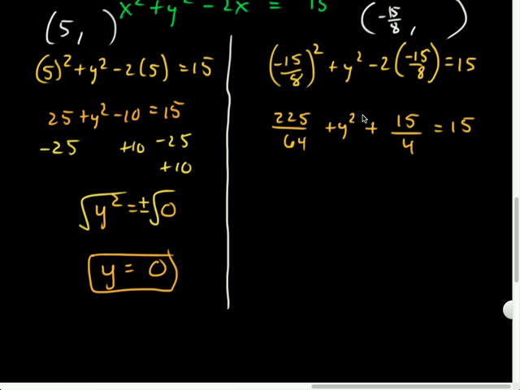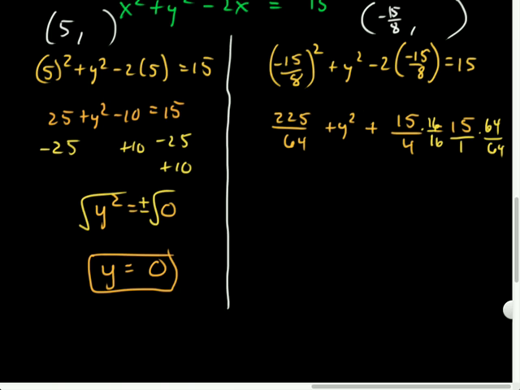Same thing, I have no linear term, so I'm going to subtract these from both sides, and I'm preemptively realizing that I'm going to need a common denominator to do that. 64 is the one I'll need, so I'll multiply that by 64 over 64, and this I'll multiply by 16 over 16 there.